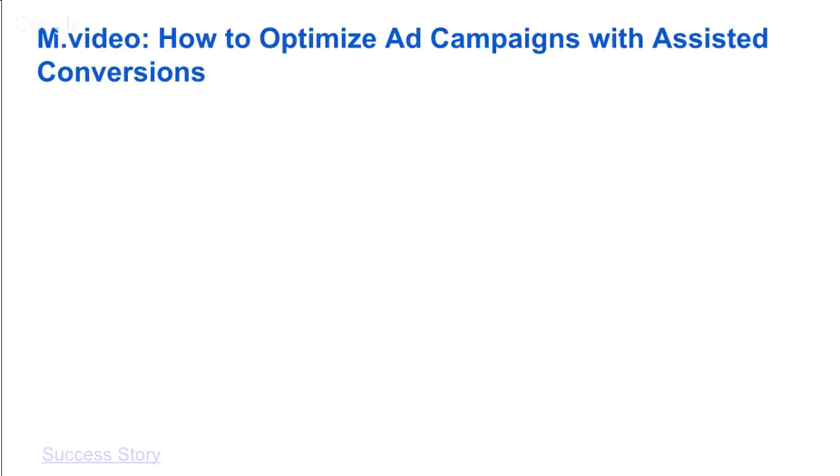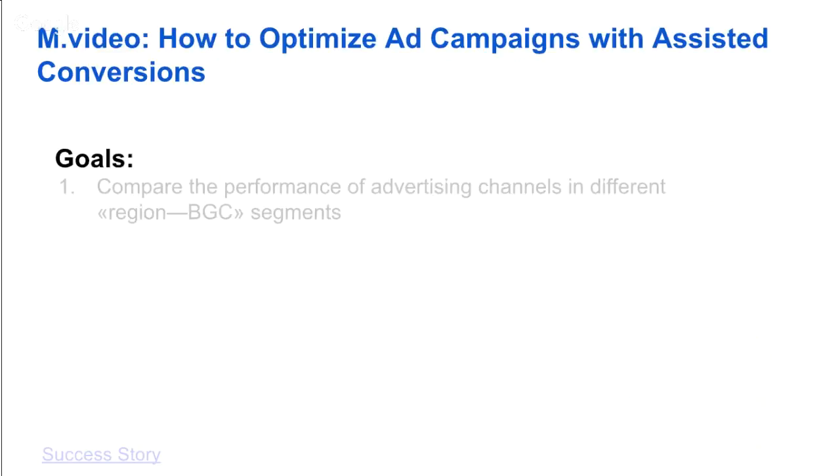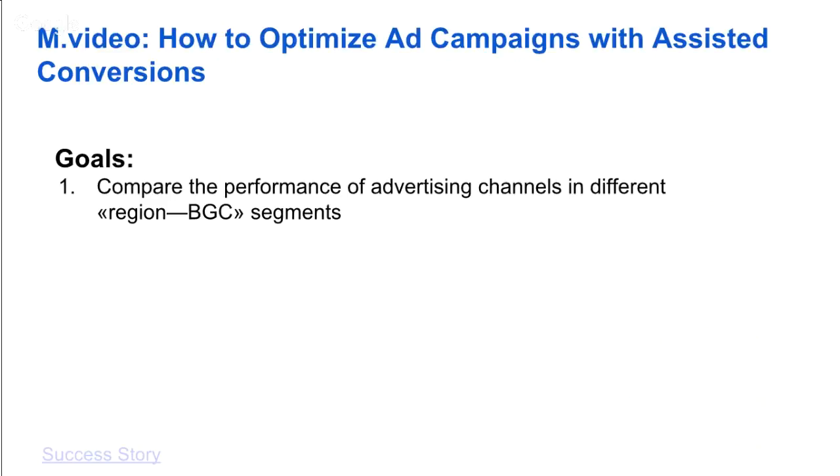Their task was to optimize advertising spend and compare the performance of advertising channels in different regions and BGC segments. By BGC, I mean business group of categories. For example, headphones belong to the MP3 player business group of categories.